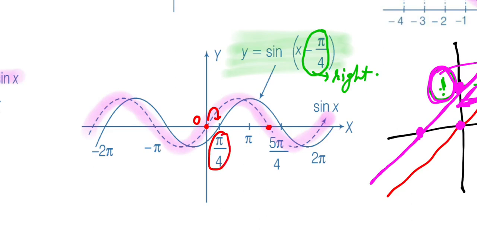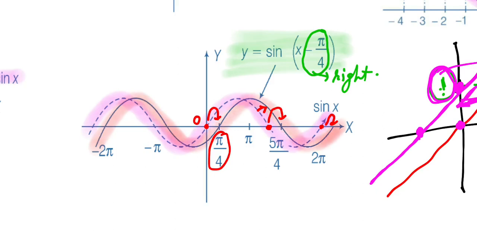Similarly this point is shifted by an amount of pi by 4 on the right hand side. Similarly every point over here is shifted towards the right hand side by an amount of pi by 4, and the graph we obtain in this case is this graph.